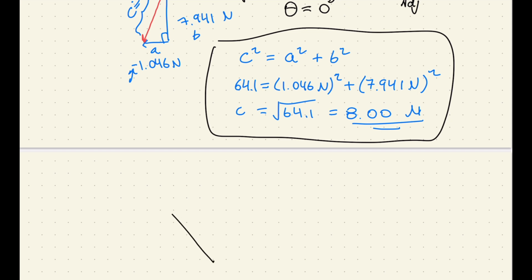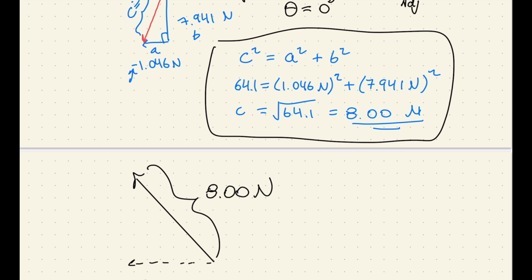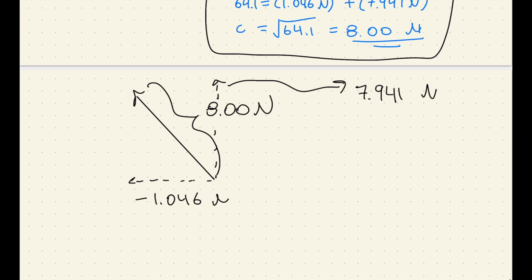So, okay, what we found was that the resultant force of this vector is 8 newtons, and its components here were minus 1.046 newtons. We found the components going in this direction. This was 7.941 newtons.